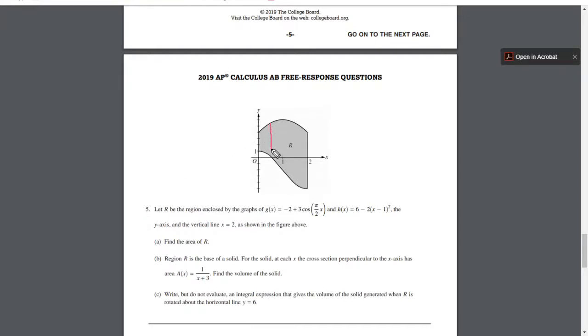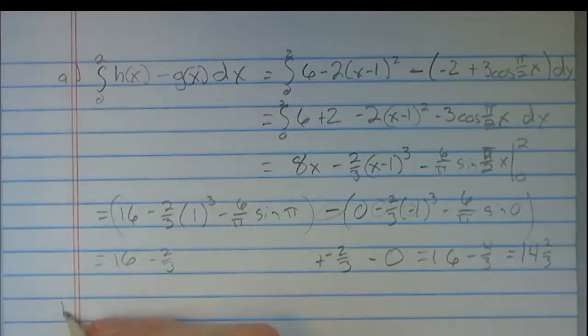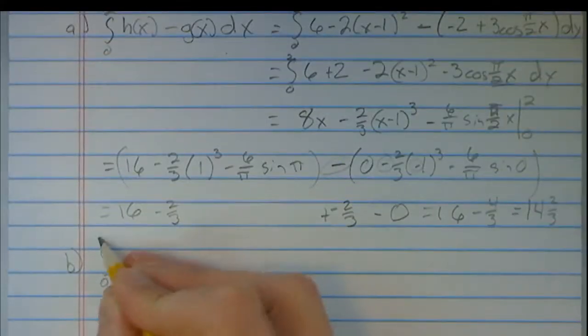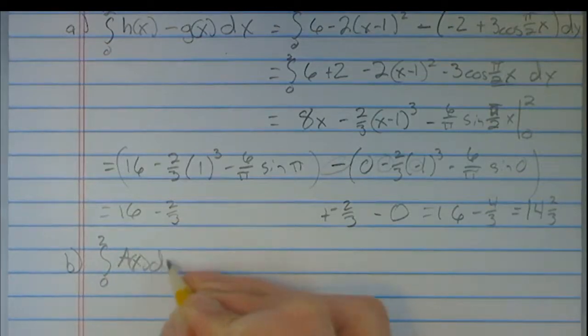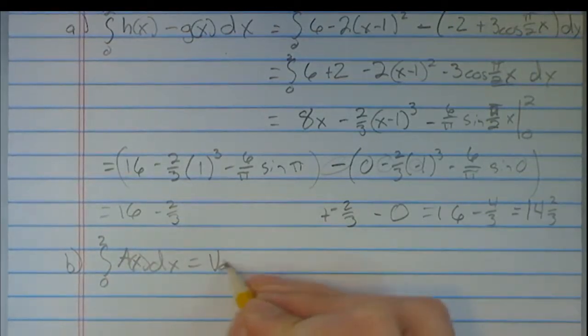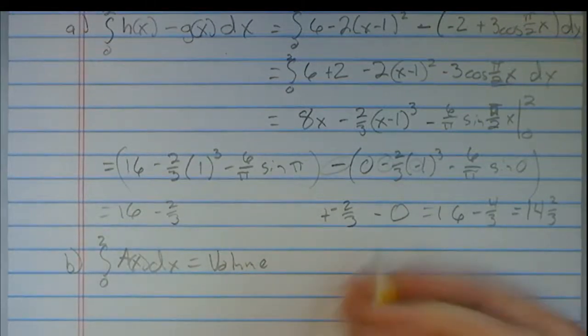For a lot of these, it's a square with height whatever, or a rectangle with height whatever. If it was a square, it would have that same height. So we don't have to do anything fancy. All we need to do is integrate between 0 and 2 of area, and we'll get volume. The integral between 0 and 2 of area is the volume. And we're given the function for area already.